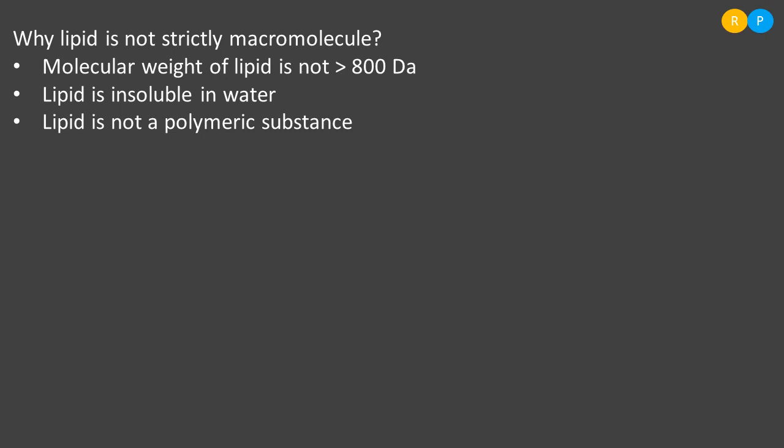Right? So macromolecules are actually polymeric substances. Carbohydrate is a macromolecule, that is a polymer, and protein is a polymer, an example of a macromolecule, and nucleic acid is also a polymeric substance. Right? But lipid is not a polymeric substance. It is not made out of monomers.